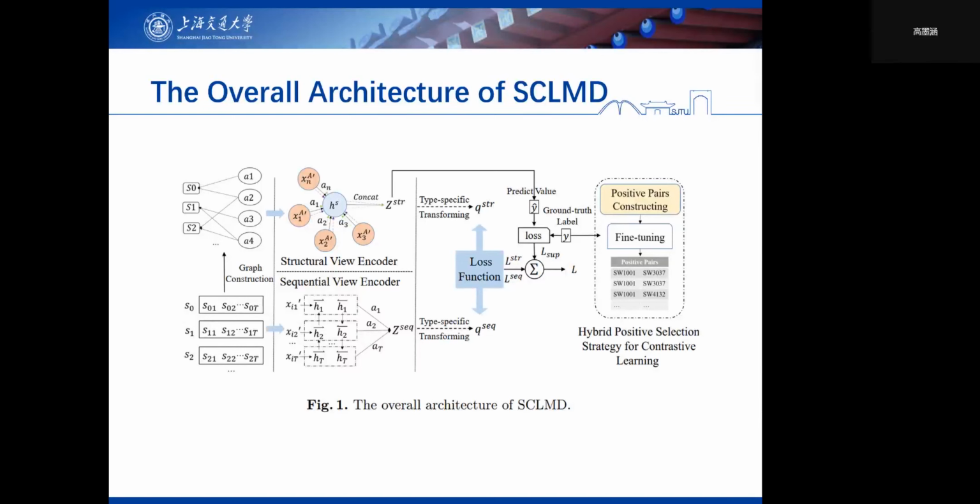A semi-supervised contrastive learning framework is proposed to extract the consistent features shared by structural and sequential features. We also propose a hybrid positive selection strategy for contrastive learning to construct the set of the positive pairs. I will introduce these modules separately.